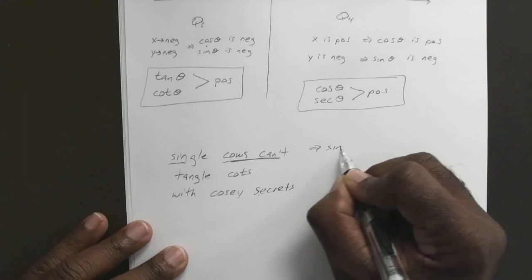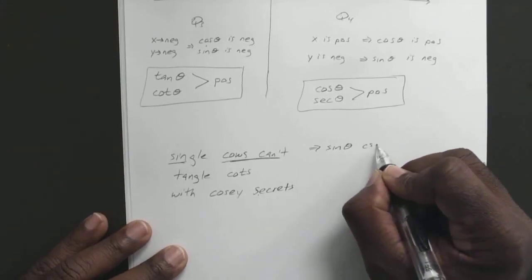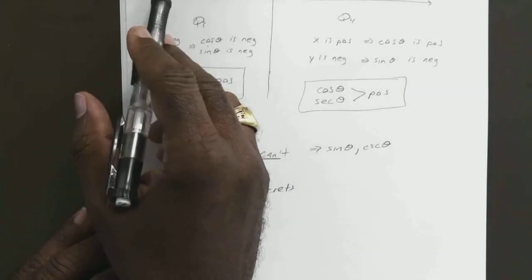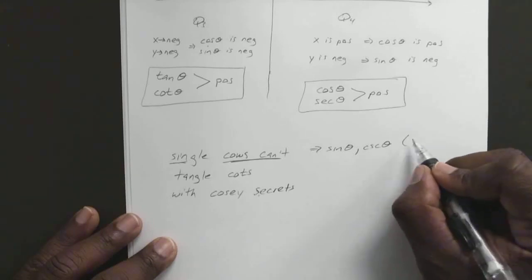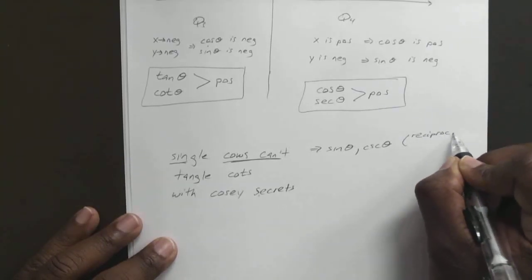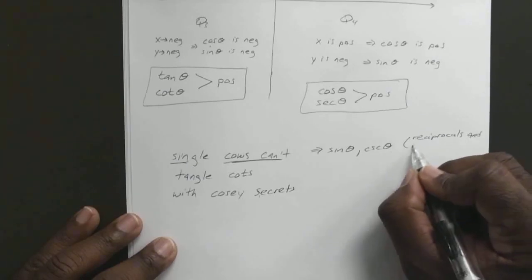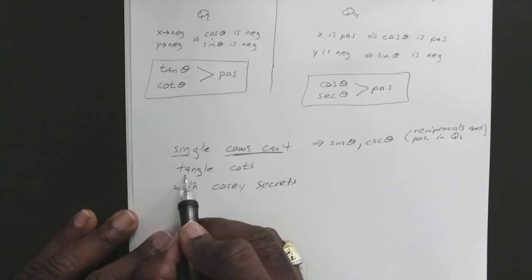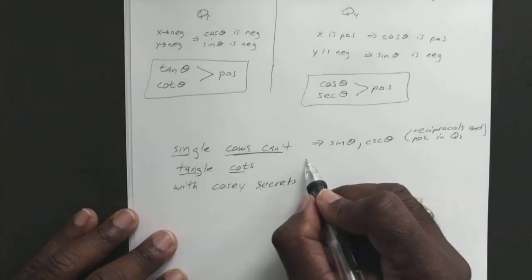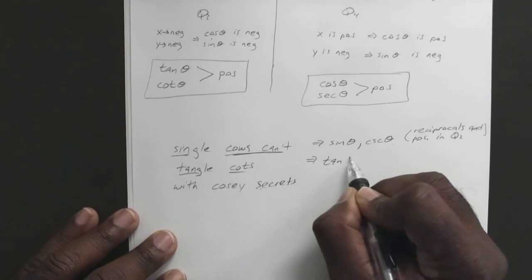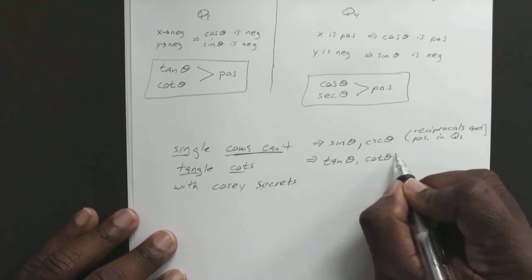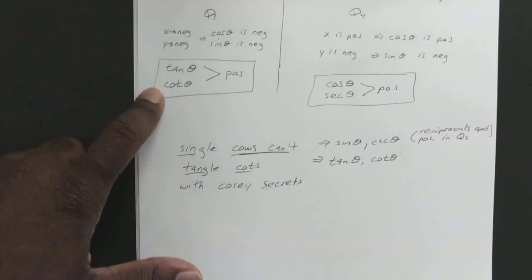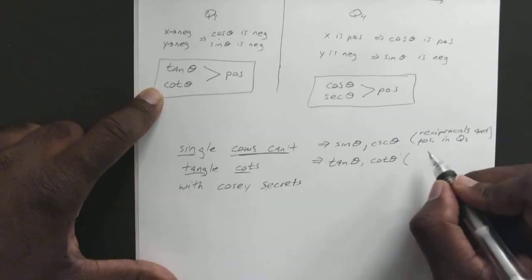Sine, cosecant. Okay. Remember, they're reciprocals of each other, and they're positive in quadrant 2. Tangent, cotangent. Now they're reciprocals of each other and positive in quadrant 3.